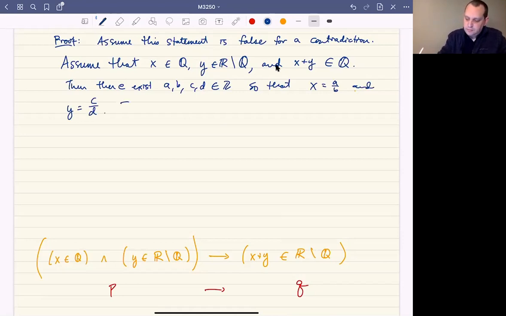Then y, which is x plus y minus x, is going to be a difference of two rational numbers, which means that it's a rational number.